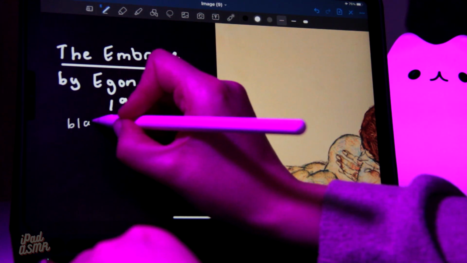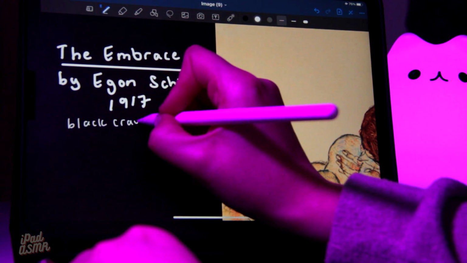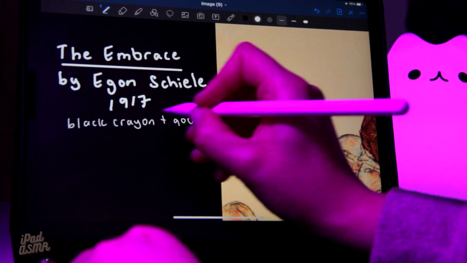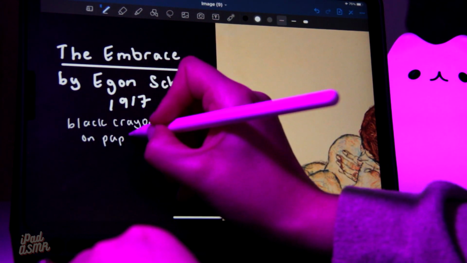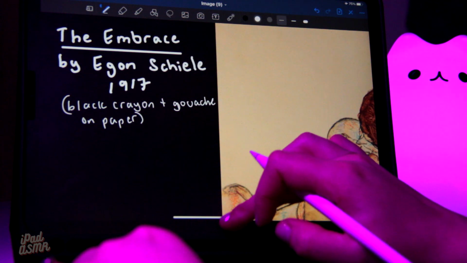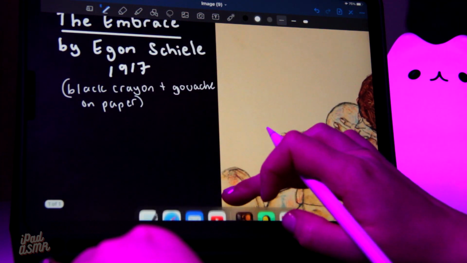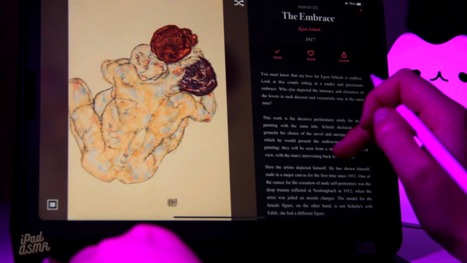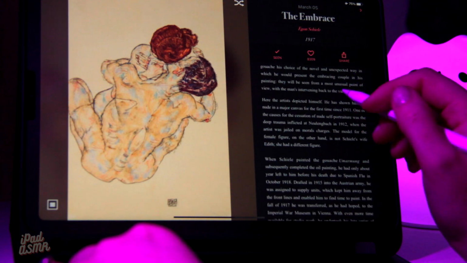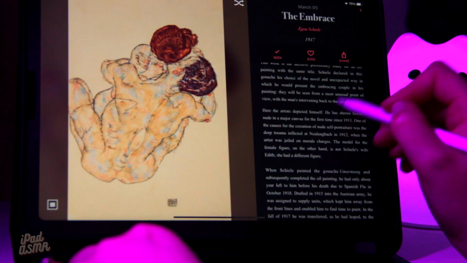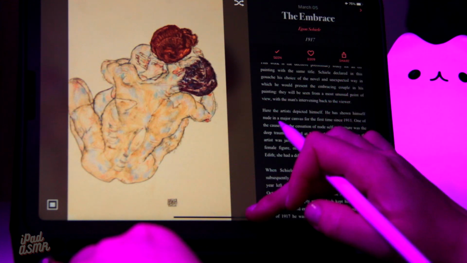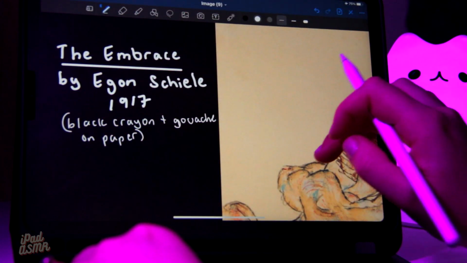Let's make you a little bit more. Okay. So this was an unusual point of view, the man's back to the viewer.